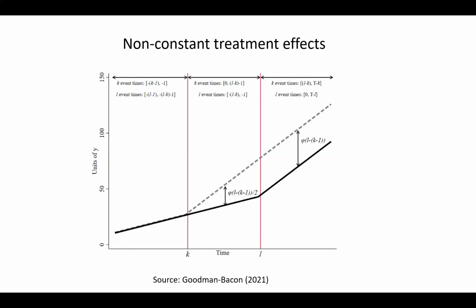Now, when you use this treated unit as a control, here's your pre-period, and it's like an average of these various effects. So this pre-period is not an accurate representation of the actual difference in that period. It's being biased because what you're actually observing is a treatment effect that's evolving over time. And so that biases the estimate in the standard two-way fixed effects model.